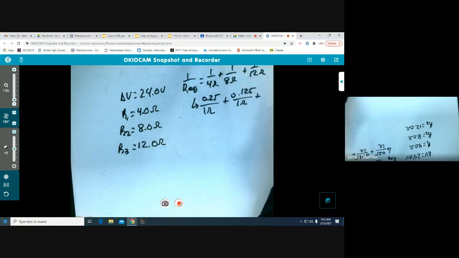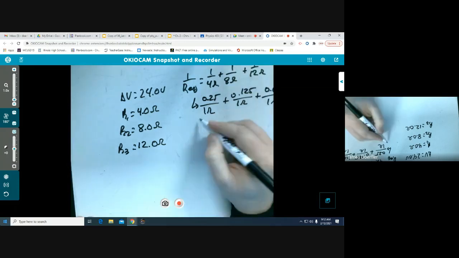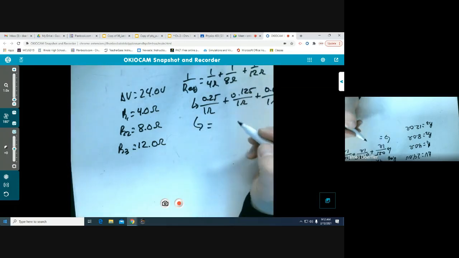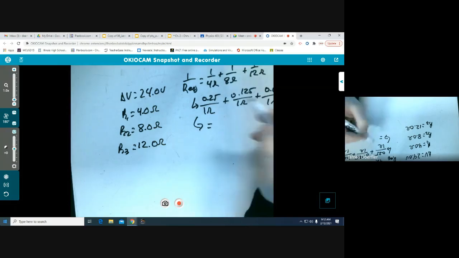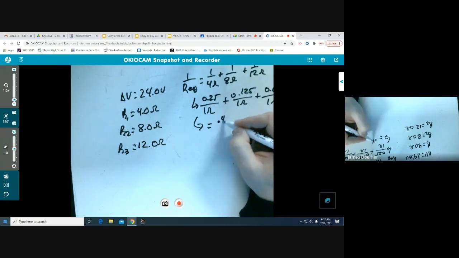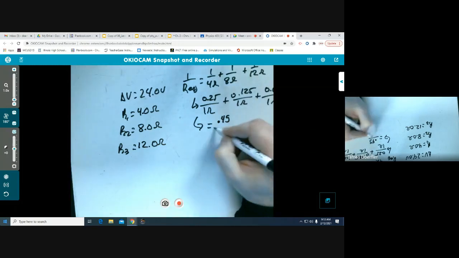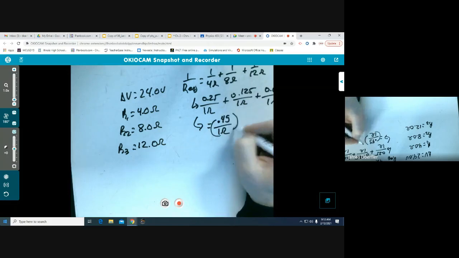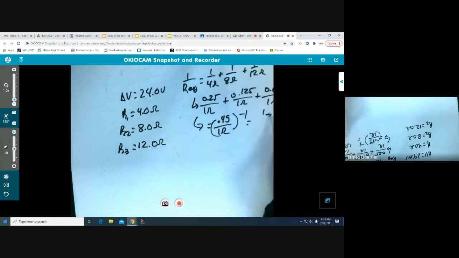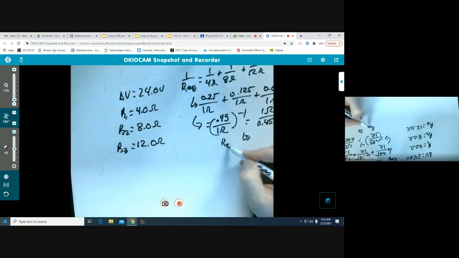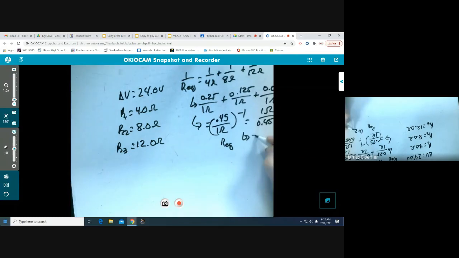What about 12? 0.083 repeating, over 1 ohm. And so when you add those up, what do you get over 1 ohm? You get 0.45 over 1 ohm. Take the reciprocal. You get 1 ohm over 0.45. So what is the equivalent resistance? 2.18, or we'll go 2.2 ohms.